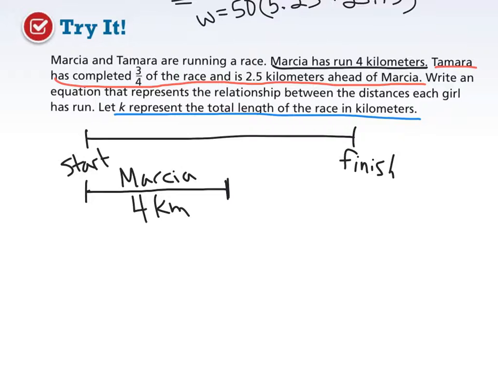Tamara, it says she's 2.5 kilometers ahead of Marcia. So we know she has run more than Marcia. And it says she's completed 3/4 of the race. So I've got an idea of maybe how far that is. This may not be exactly perfect, but it's just an idea to give me a basis for how to work this problem out.